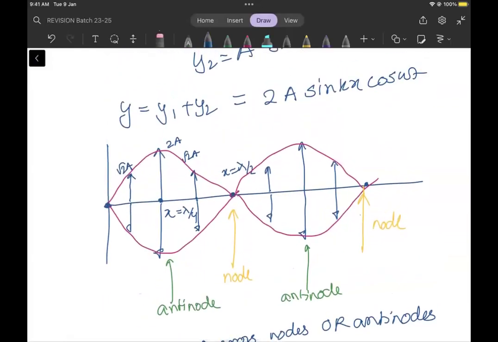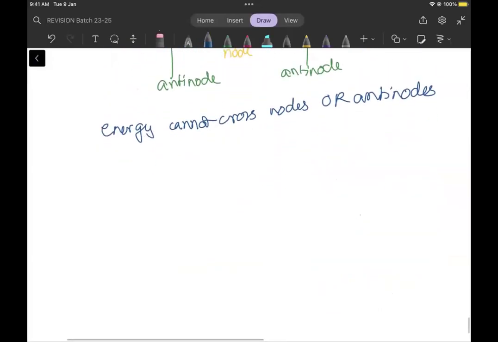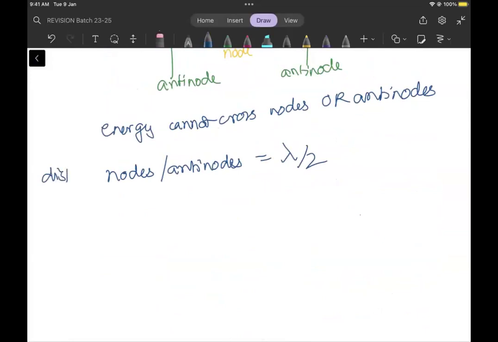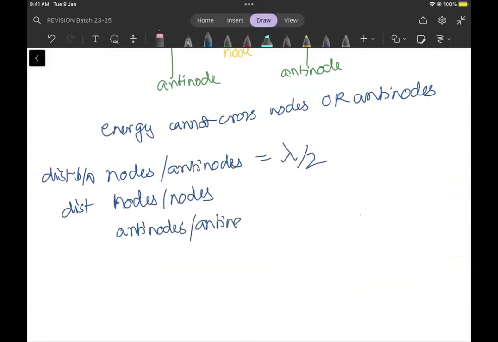So this is called a standing wave, and the distance between two nodes or antinodes is always equal to lambda by 2, and the distance between nodes and antinodes will be equal to lambda by 4.